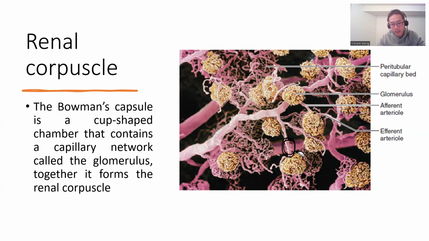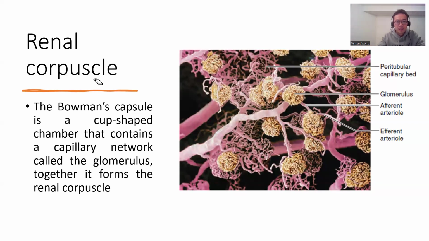I don't know if that's afferent or efferent. It's one of those. It's hard to tell. But in order for you to see the glomerulus, they actually have to dissolve away the Bowman's capsule, because normally the Bowman's capsule covers the entire glomerulus, right?